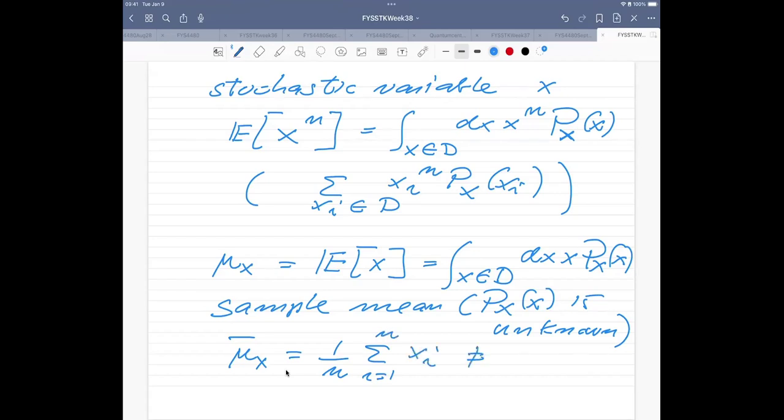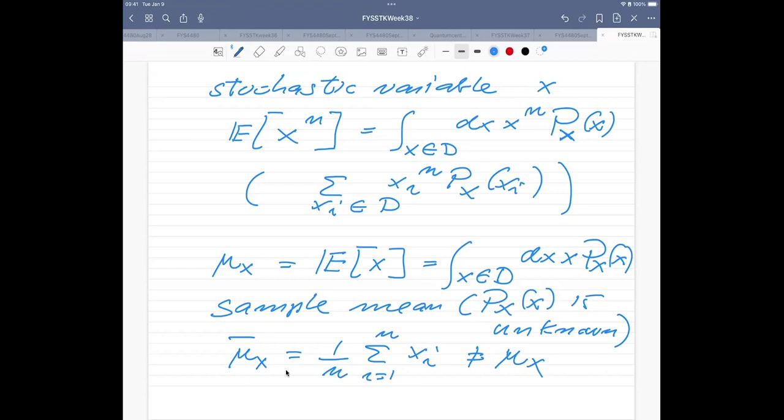And this is normally different from the true mean value. So suppose that you have the true mean value, then you know the probability distribution and you can actually calculate the mean value. But in general, you don't know the probability distribution, which means that you have to stay with the sample mean value.